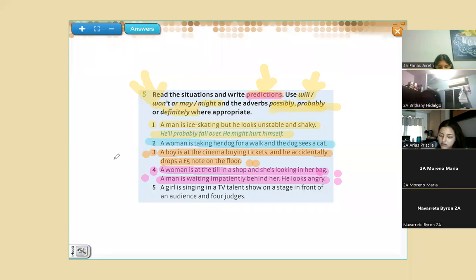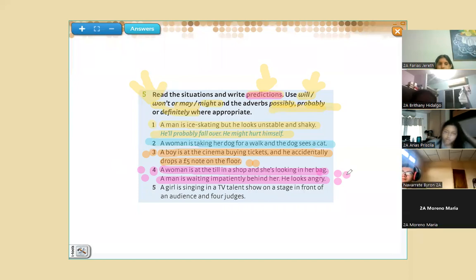Well, continue with this. Byron Navarrete, what is your opinion about the number 4? What is your sentence for the number 4? The man will probably be a thief, and he may steal her bag. Okay, I agree with you in this case, right?